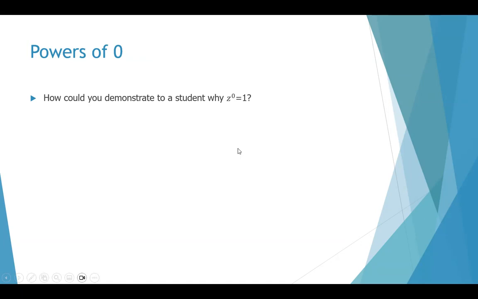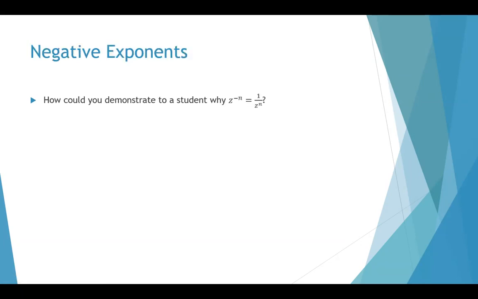After I upload these slides, I will put this one on my tablet where I can actually write and maybe show one of the things I do to help students understand this. And let me say that the thing I do will actually help with this one too. How could you demonstrate to a student why z to the negative n is 1 over z to the n? And I'll show you what I do, and that may help.